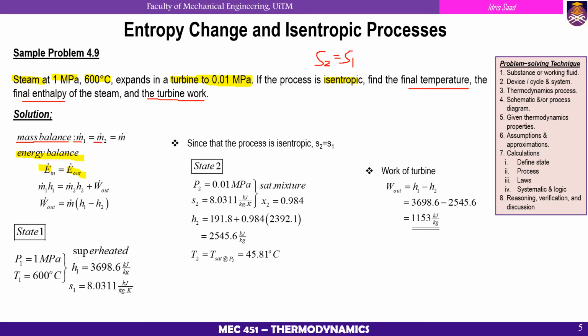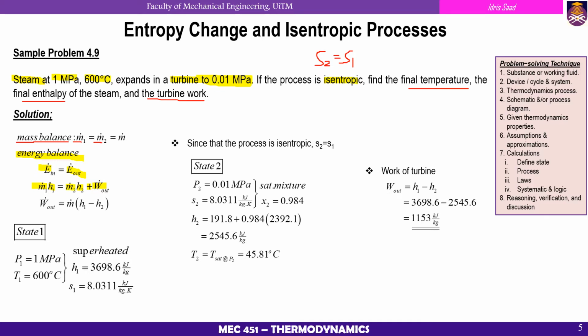So when we do the complete analysis for the turbine, as I explained in chapter 3, we can get m dot 1 multiplied by h1 is equal to m dot 2 multiplied by h2 plus work out. Please do remember, for the turbine we have work out, we don't have work input. So the heat loss is neglected.